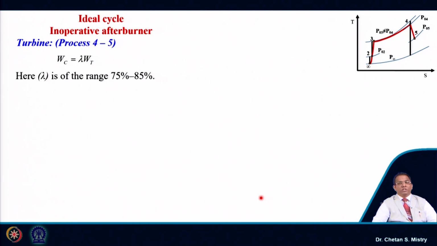Now, let us move towards the next component, that is my turbine. For the turbine, as we have discussed, we need to balance the work between compressor and turbine. So, here we are introducing the parameter lambda, which is nothing but my mechanical efficiency. This mechanical efficiency will be in the range of 75% to 85%. Let me put the point here.